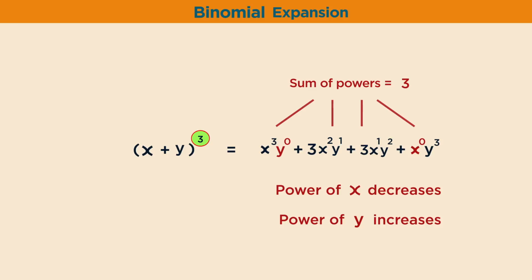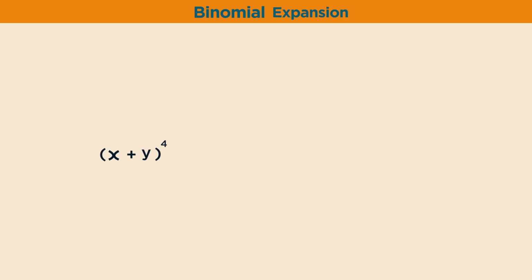So now, what do you think is the expansion of x plus y to the power of 4? Well, let's apply what we have just learned. The first term will be x to the power of 4 times y to the power of 0. The second term, the power of x will decrease to 3, and the power of y will increase to 1.